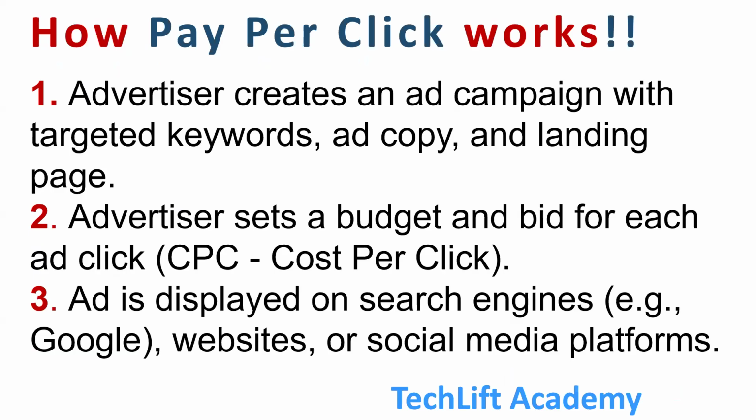Advertisers create an ad campaign with targeted keywords and copy, and also have what we call a landing page. So when we are setting up our adverts on Google Ads, we are able to see which keywords you can put there.